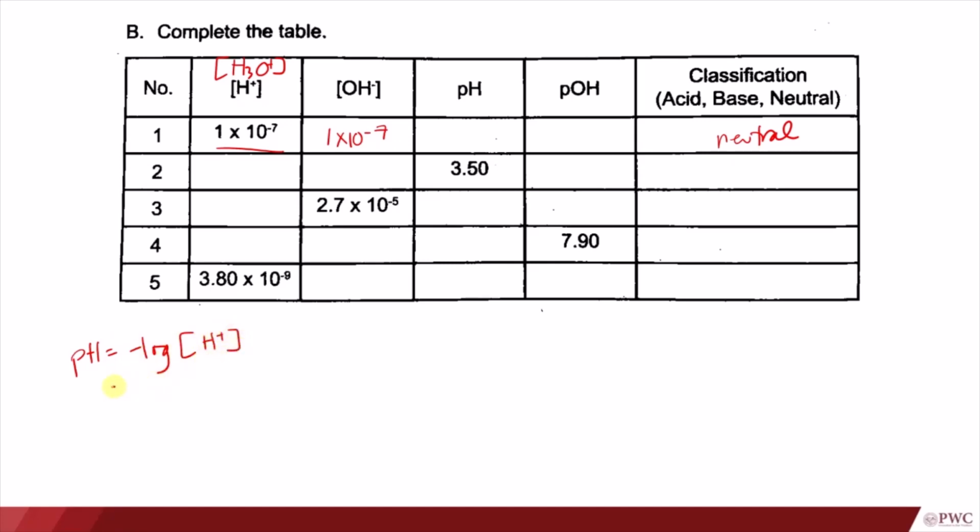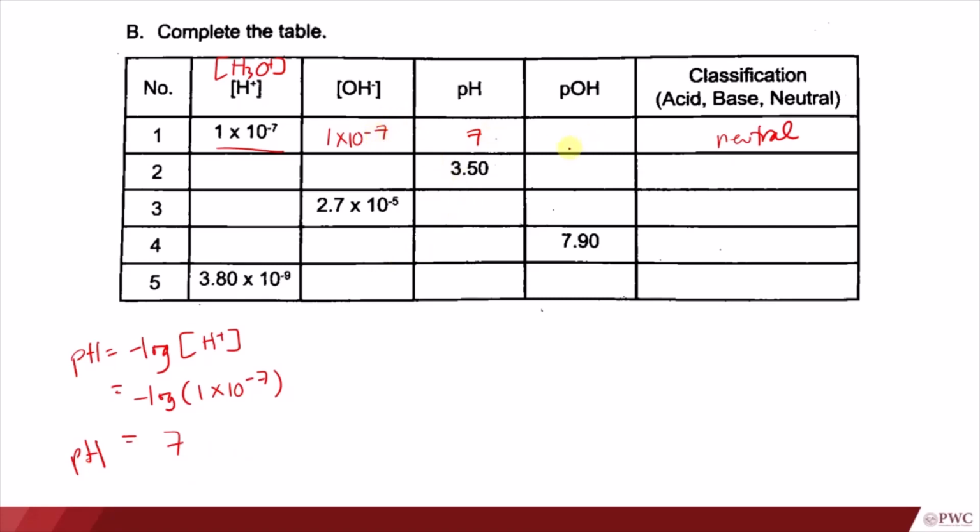Here we have the given H plus, so we can put it in the equation: the negative log of 1 times 10 to the power of negative 7. This is an easy number because it's base 10 and the coefficient is 1. We can determine that the log of this is negative 7, and since there is a negative sign, the negative of negative 7 is 7.